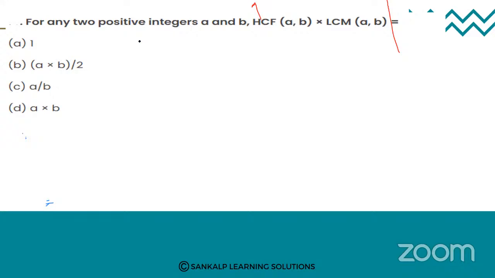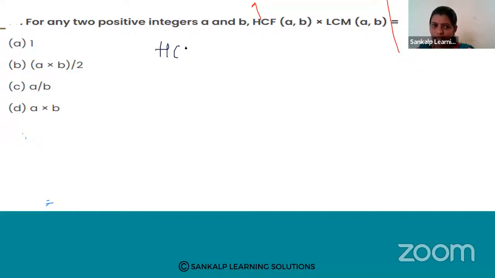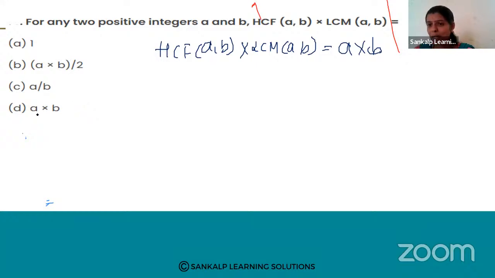The product of LCM and HCF is equal to the product of the numbers. It is just a formula: HCF of A and B into LCM of A and B is equal to A into B, right? So which option is right, my dear children?